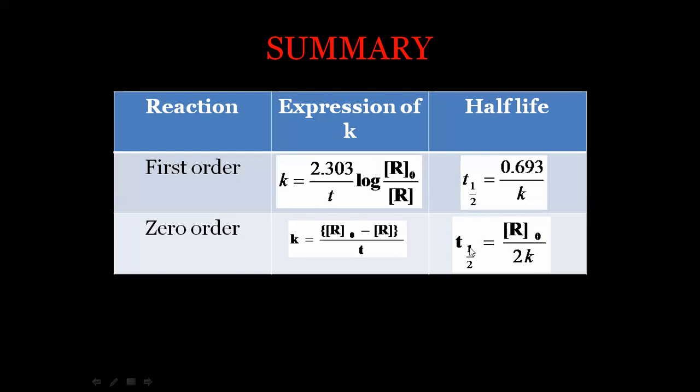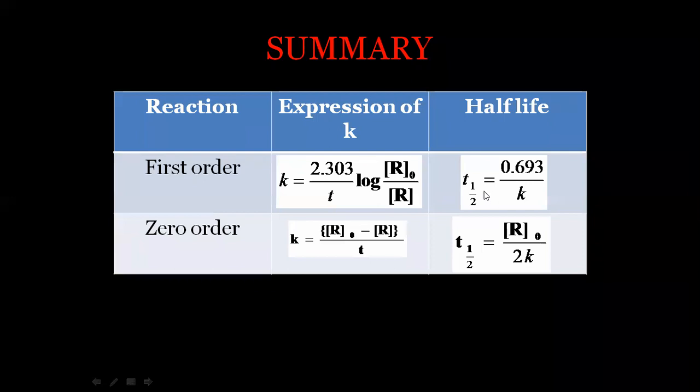So for the half-life of a zero order reaction, if you take a particular reaction, first you take a little bit higher quantity and start, your half-life will be higher. The same reaction, if you decrease the amount of reactant you started with, your half-life will also decrease. But those things will not happen for a first order reaction.